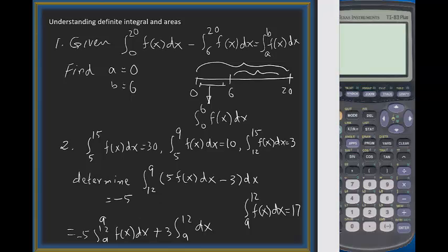So we plug in the value, negative 5 integral 9 to 12 f(x) dx is 17. So put here 17 plus we have 3. Now the integral meaning of this one is the function is just 1. You can draw a picture. So y equals 1 is the line here, and then the limit goes from 9 to 12.